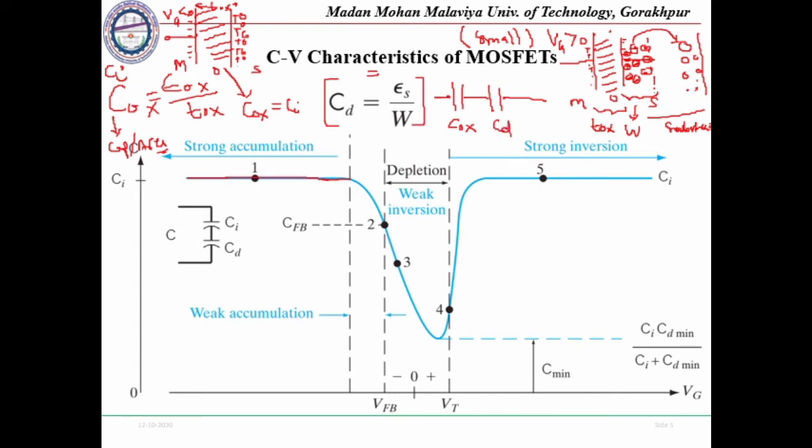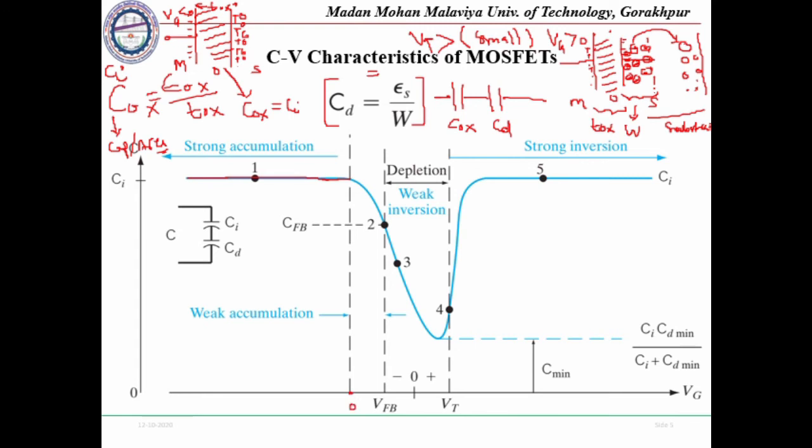So in the region where we apply a gate voltage greater than zero but small, that means the gate voltage is less than the threshold voltage, so we are applying from zero up to the threshold voltage.